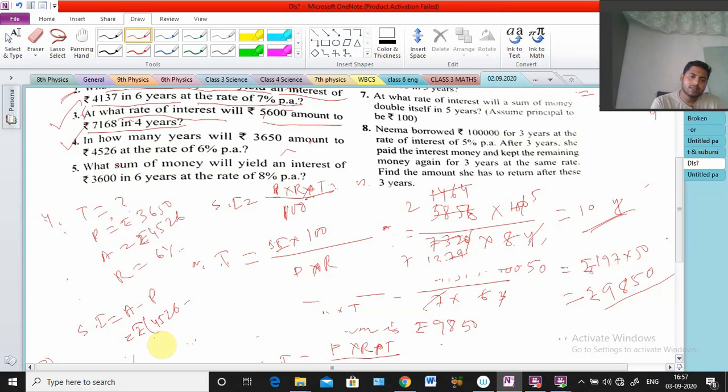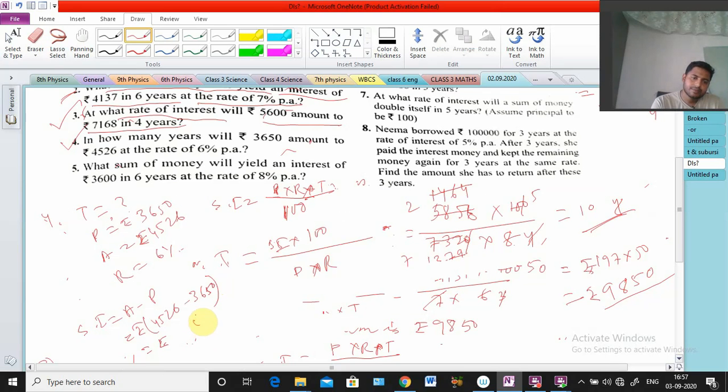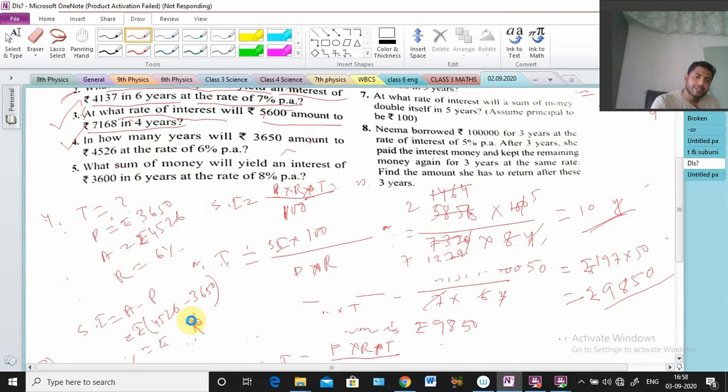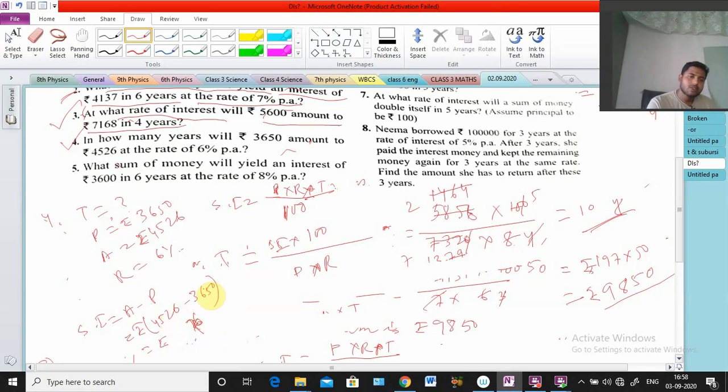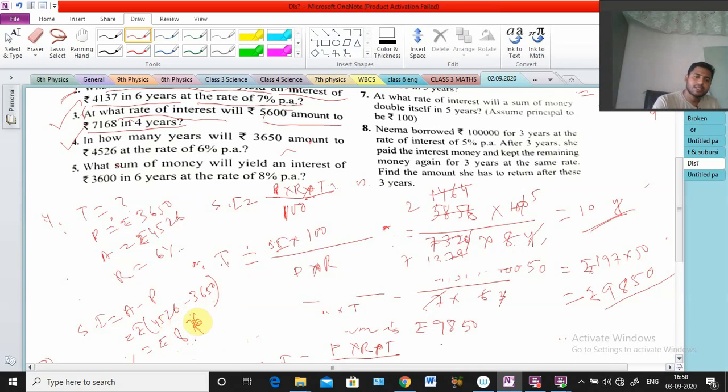So do subtraction: 4526 minus 3650. 6 minus 0, 6. 2 minus 5 not possible, that means 12 minus 5, 7. Next, 4 minus 6 not possible, 14 minus 6, 8. So we are getting 876.